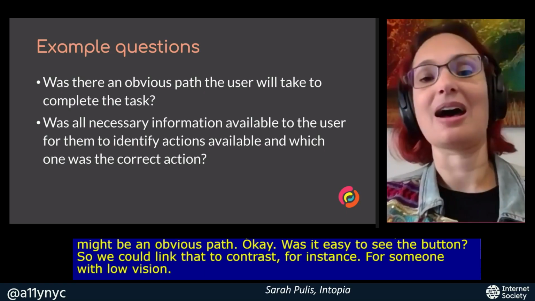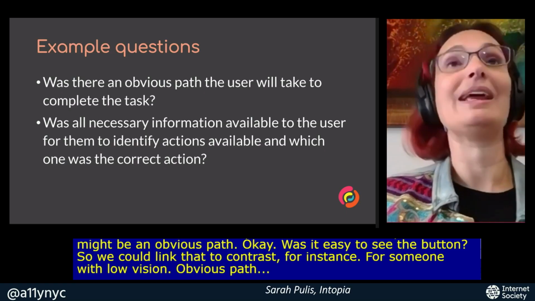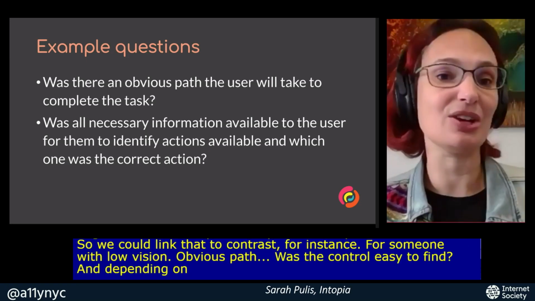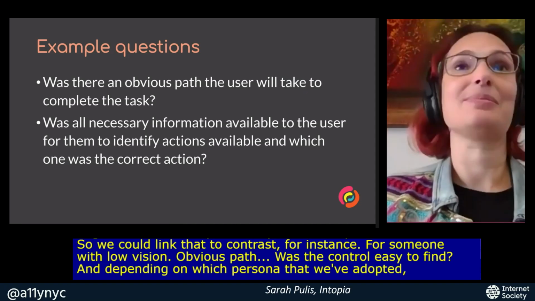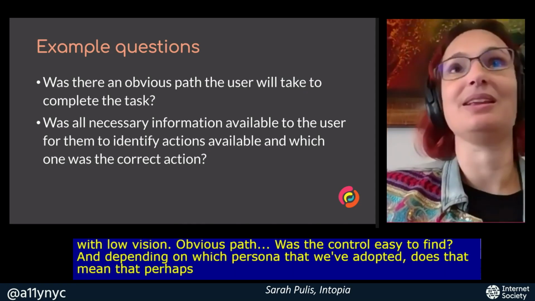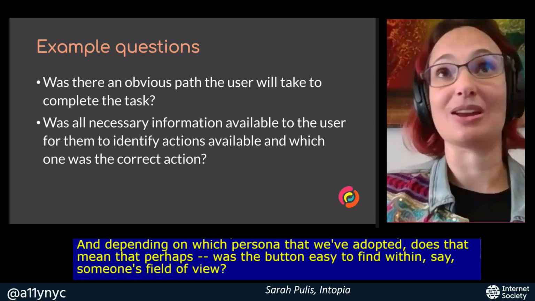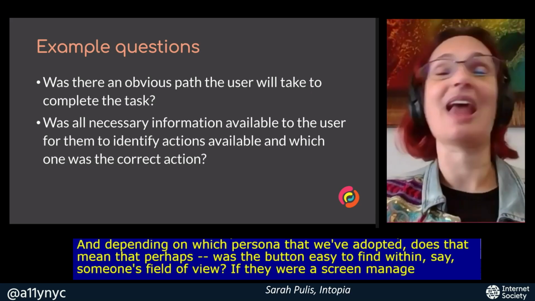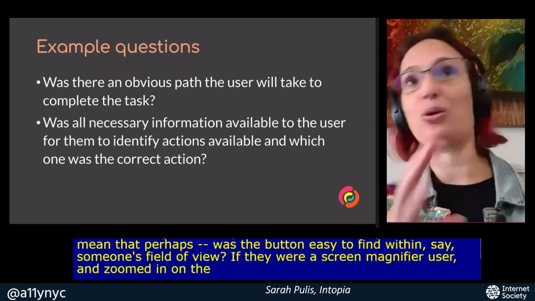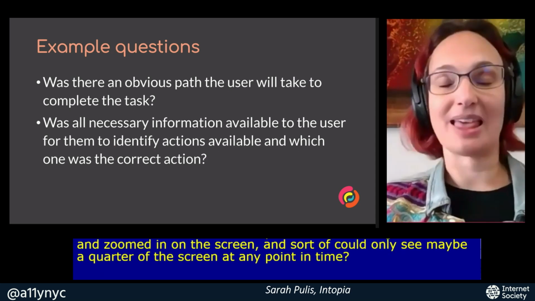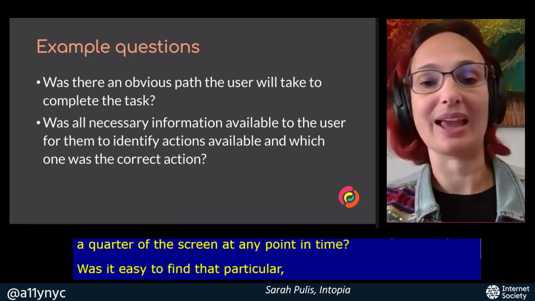Obvious path, was the control easy to find? And depending on which persona we've adopted, does that mean, was the button easy to find within, say, someone's field of view? If they were a screen magnifier user and zoomed in on the screen and could only see maybe a quarter of the screen at any point in time, was it easy to find that particular button that we might be looking for?